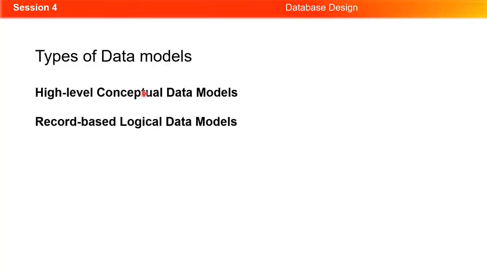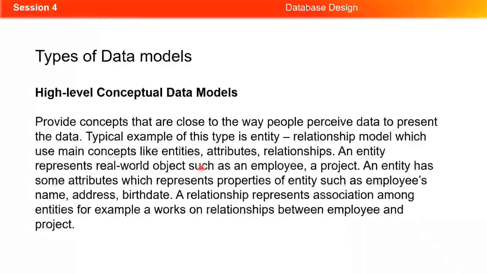So let's discuss types of data models: the high-level conceptual data models and the record-based logical data models. High-level conceptual data models provide concepts that are close to the way that people perceive and present the data. A typical example of this type is the entity relationship model, in which the main concepts are entities and attributes of real-world objects and how they relate to other objects.